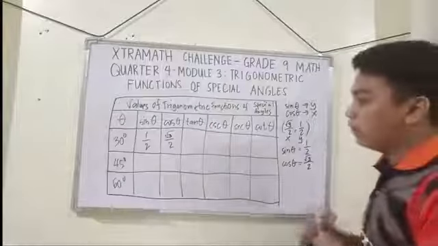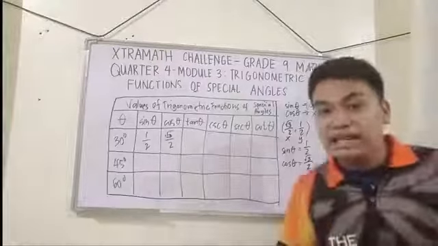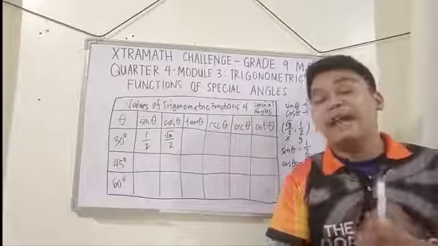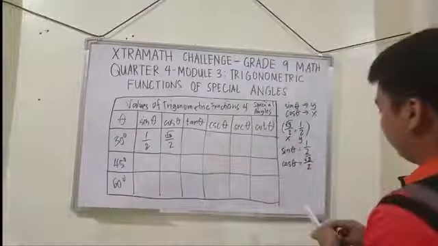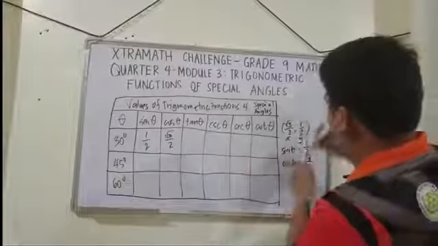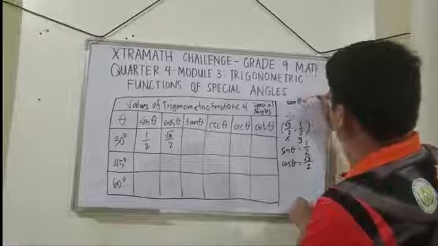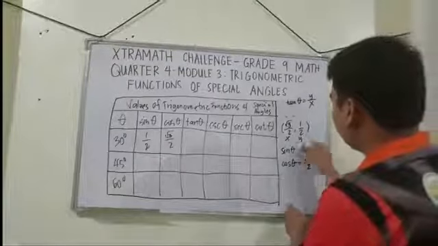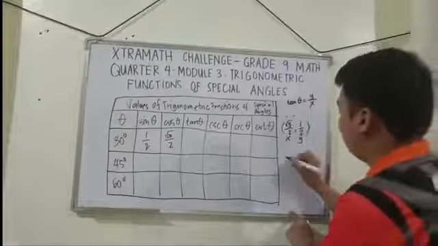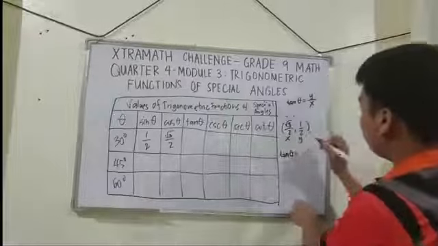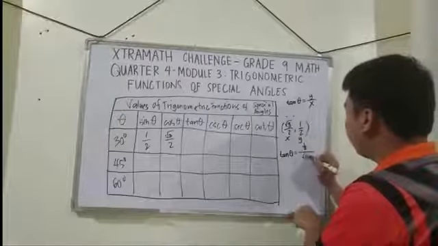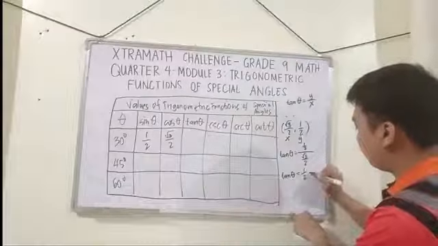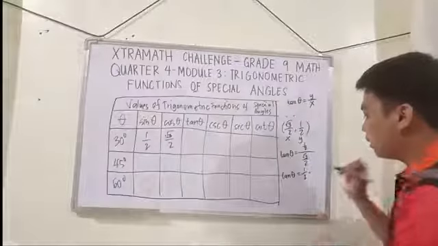How about the tangent of 30 degrees? Okay, remember that tangent is equal to y over x, or that is sine theta over cosine theta. So since our x is equal to square root of 3 over 2 and our y is 1/2, that means that tangent theta is equal to 1/2 over square root of 3 over 2. So tangent theta is equal to 1/2 multiplied by the reciprocal of our denominator, square root of 3 over 2.